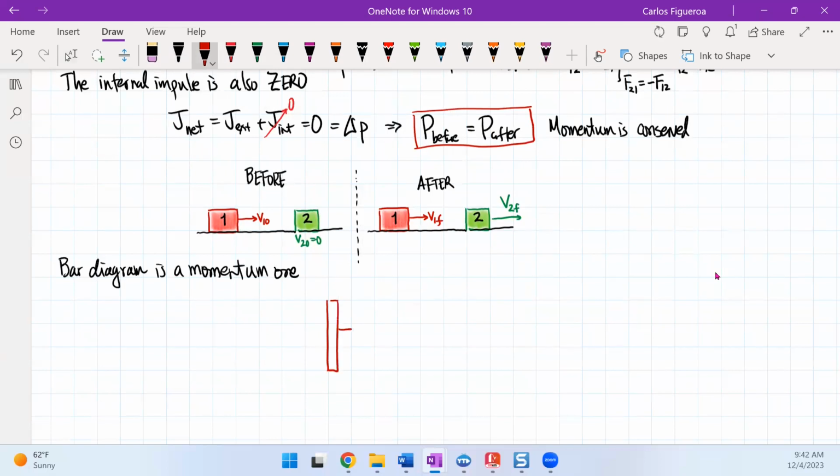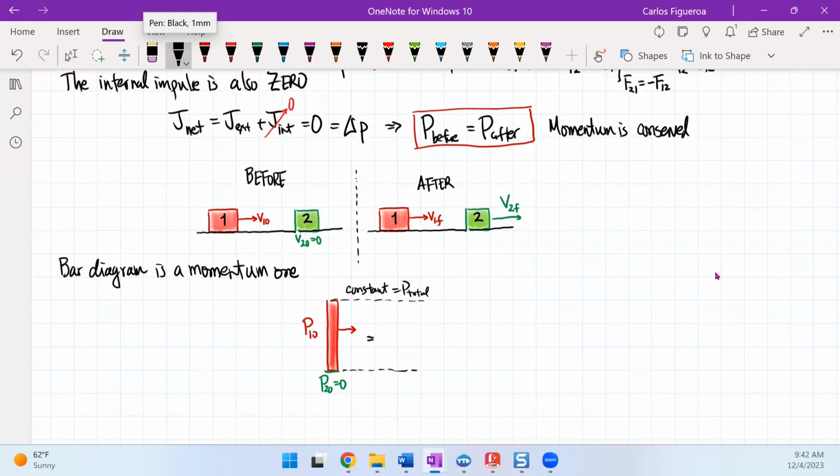And that momentum is going to the right. And all of that momentum is contained within block one. The momentum of block two is 0. So therefore, the total momentum of the system cannot change. That has to be a constant, which is equal to P total.